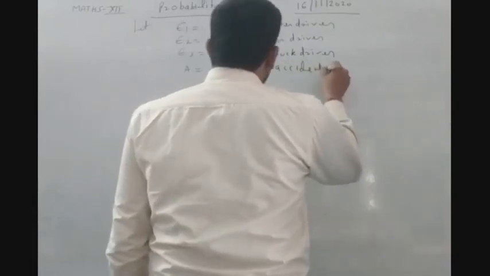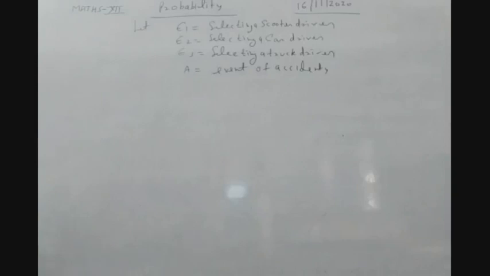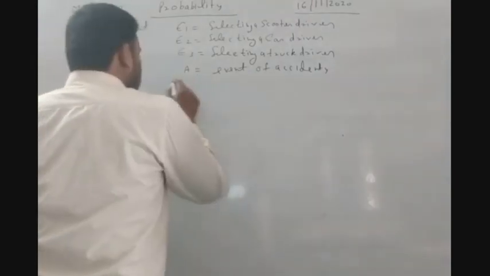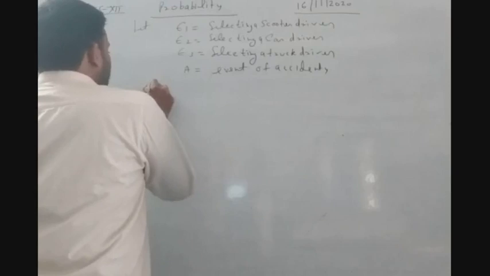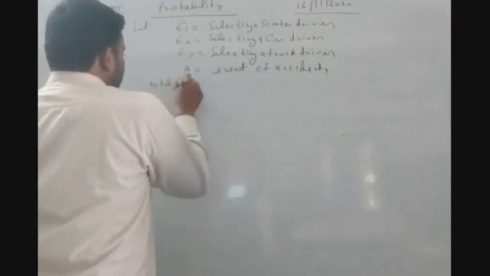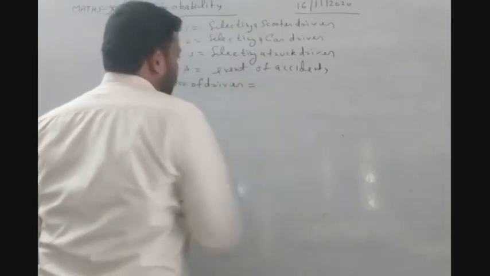Our A is the event of accident. Now the total number of drivers is what?